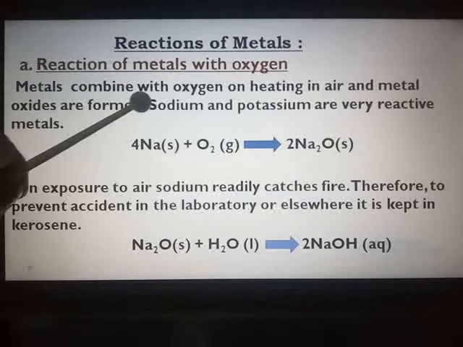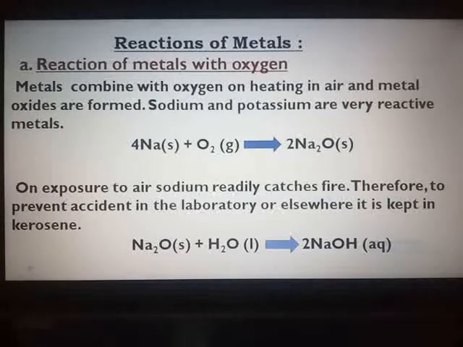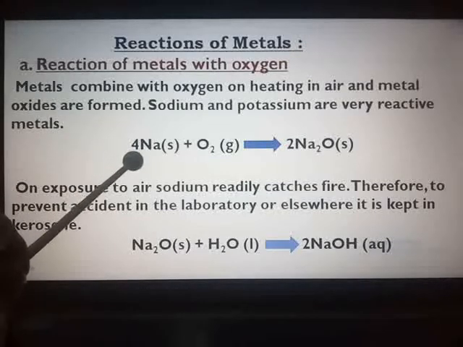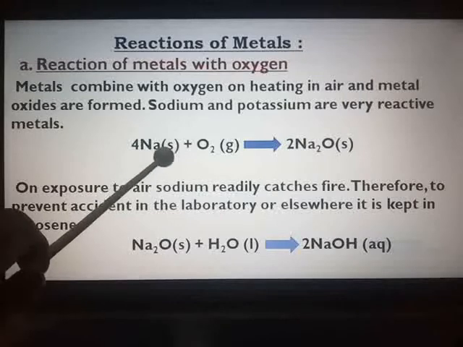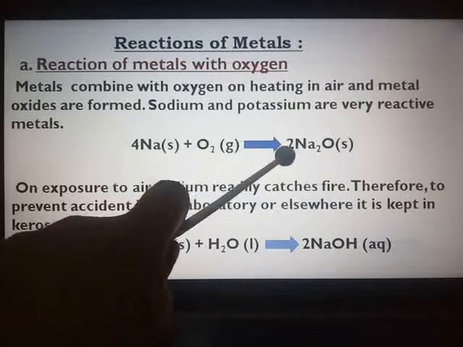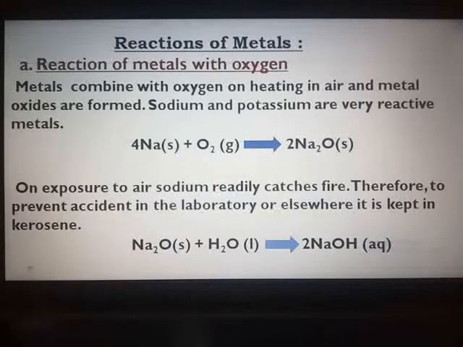Here sodium and potassium, these two metals are found to be highly reactive, very reactive. Sodium metal combines with oxygen in the air even at room temperature and it forms sodium oxide. You can see 4Na, that is sodium in the solid state, combines with oxygen forming sodium oxide.